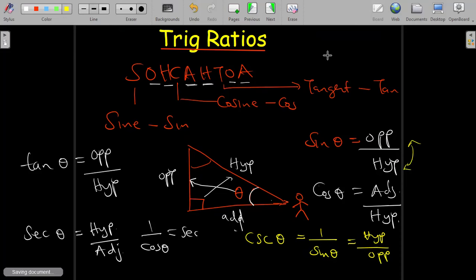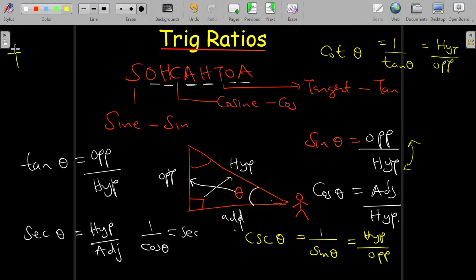Then you have the last one, which is cotangent. The cotangent is given by 1 over tan theta, the flip of this. Here tan is opposite over hypotenuse, so it will be hypotenuse over the opposite.